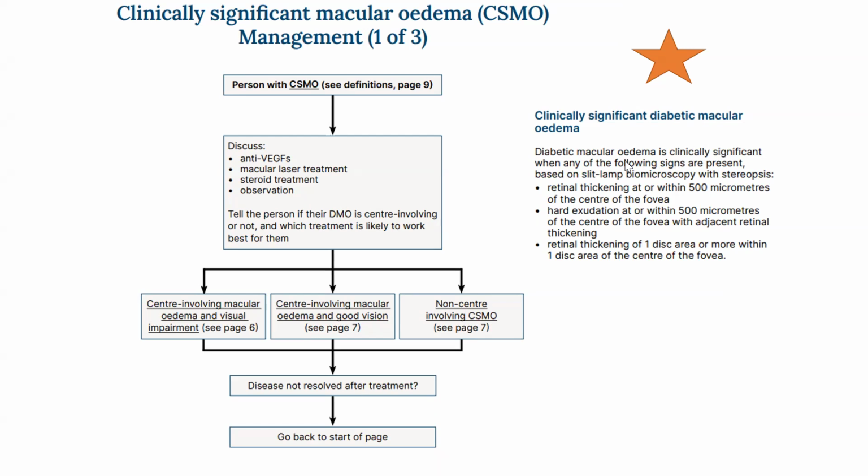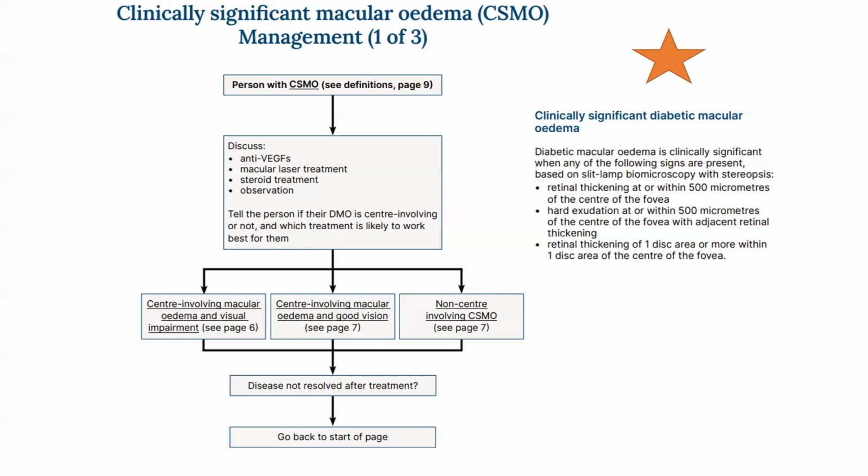Diabetic macular edema is clinically significant when any of the following signs are present on slit lamp biomicroscopy with stereopsis: if the retinal thickening is at or within 500 micrometers of the center of the fovea; if there are hard exudates at or within 500 micrometers of the center of the fovea with adjacent retinal thickening; and if the retinal thickening is of one disc area or more within one disc area of the center of the fovea.